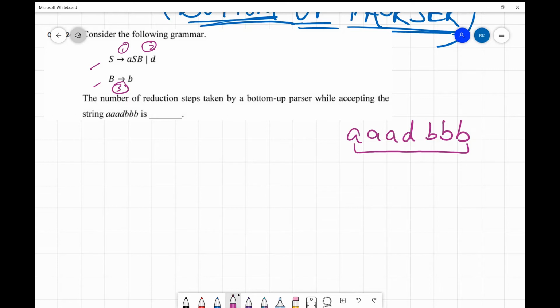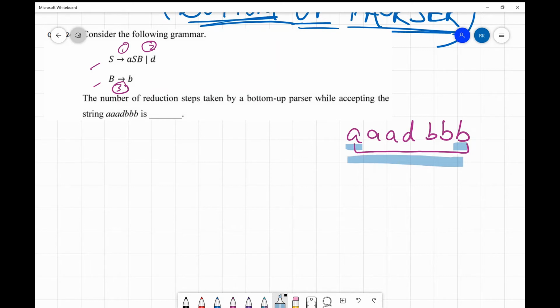If you see clearly, we will need an A at the start and B's at the end, and we also need some rule which helps to build this string step by step. We cannot use production 3 or 2, because they end the derivation in one single step.